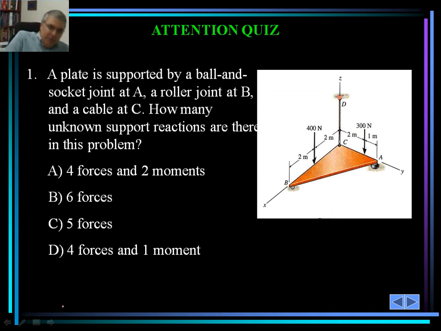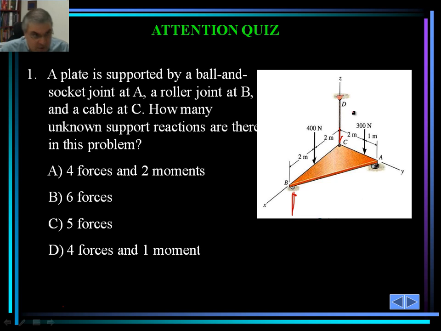Let's go back to the problem and find the answer. There would be one cable reaction at C. So that's one. Then we have one more for the roller at B, which is constrained in the z direction.